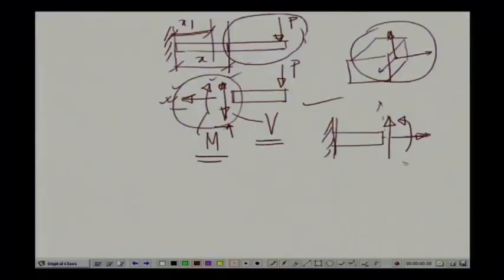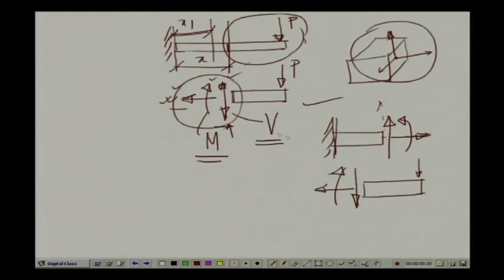So, when we take the other side, the other part of the beam where we have the load, the corresponding actions which will balance this are the shear force which is acting downwards, the axial force which is in the opposite direction, and the moment which was anticlockwise here will be clockwise here.